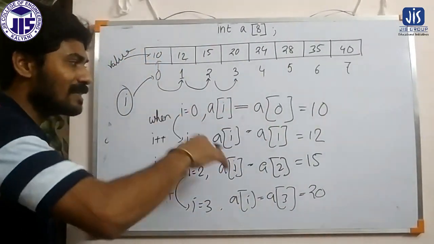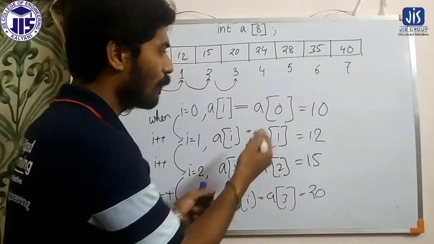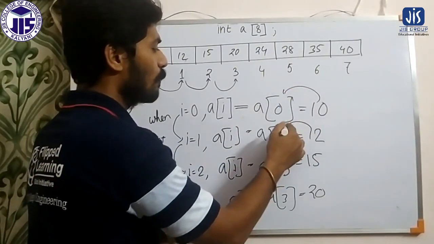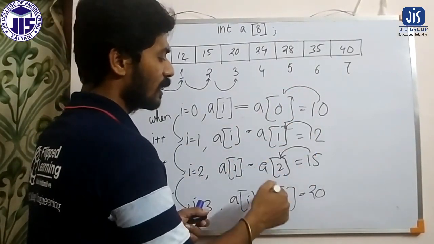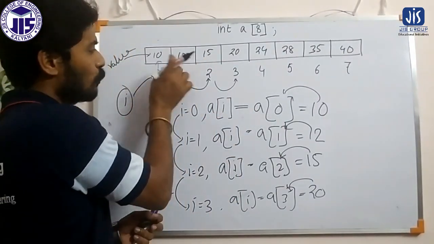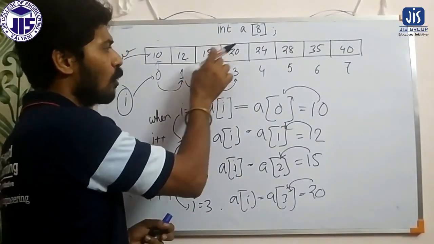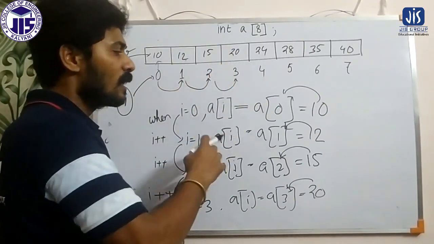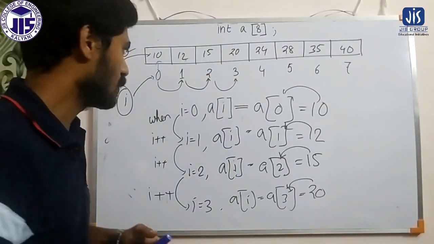So that is the way we are inserting values into it. First at the 0 position we insert 10, then at the 1 position we insert 12, then the second position, then the third position. In that way, gradually we shift from one position to another and insert the value.